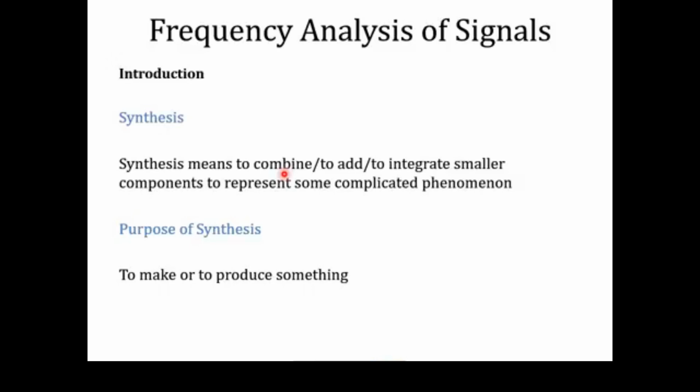Color synthesis is a method of creating colors by combining various proportions of some primary colors, and the most commonly used primary colors are red, green, and blue. So we can create any desired color by mixing these primary colors in various proportions.